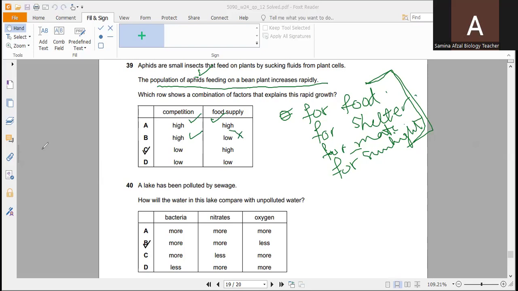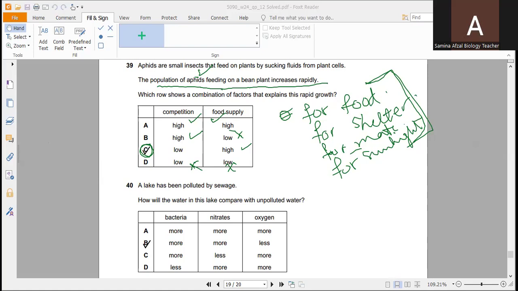Competition low and food supply high: this is the correct option. There was less competition due to which the food supply was high, and so they were growing in number. Competition low, food supply low: again, this is not the correct option for increasing their population.